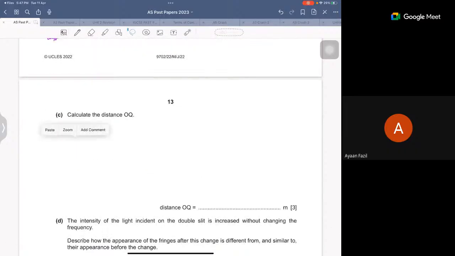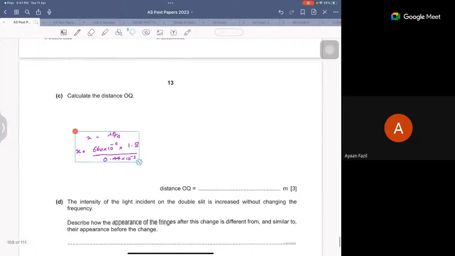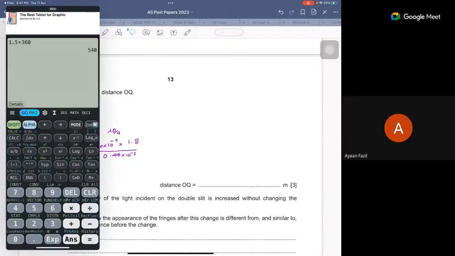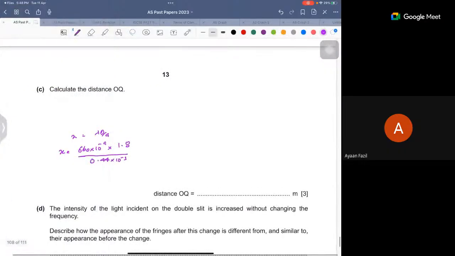So 660 times 10 raised to minus 9 times 1.8 divided by 0.44 times 10 raised to minus 3. This is something like 0.0027.